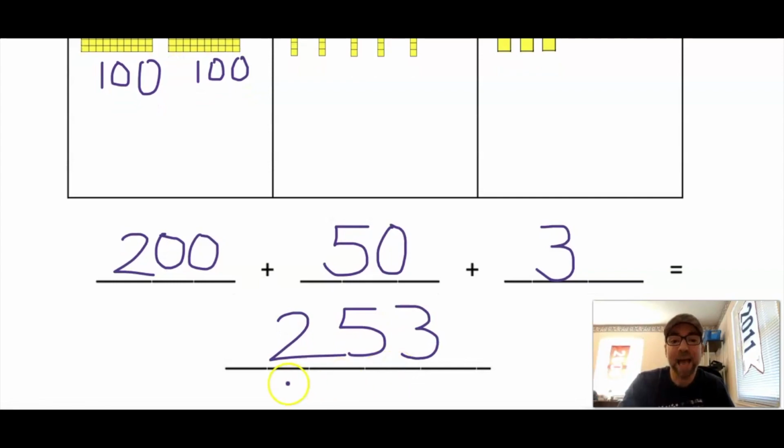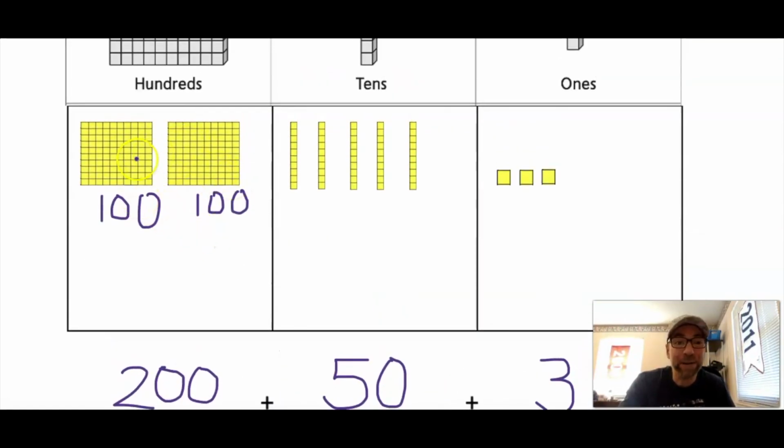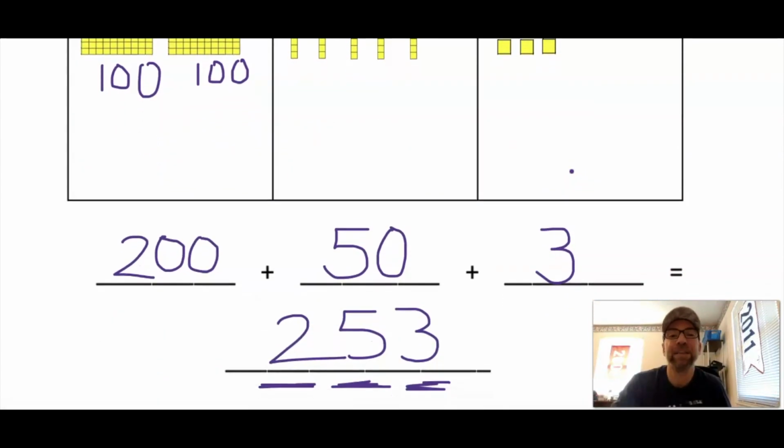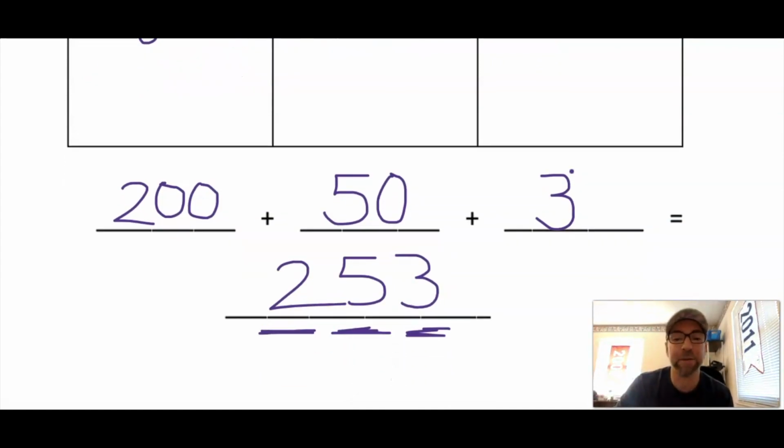Notice that we have 2 hundreds, 5 tens, and 3 ones. And we made the number 253. Awesome job. Go ahead and clear off your place value chart.